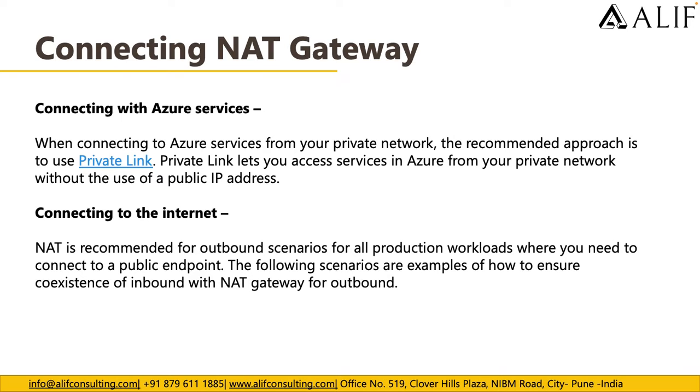The following scenario is an example of how you ensure the coexistence of inbound and the NAT gateway for the outbound. It's pretty simple. When you have multiple VMs and need to connect them with specific IPs or specific third-party services, it's not a best practice to have a separate public IP for each VM, and manage them when you have 100 or 500 VMs.